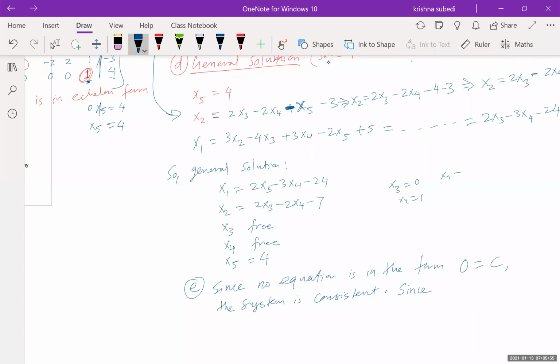If you choose x3 equals minus 10, x4 equals 10, or 20, you get another possibility. So when there is a free variable, it means there are infinitely many solutions. Since there is a free variable, the system has infinitely many solutions.